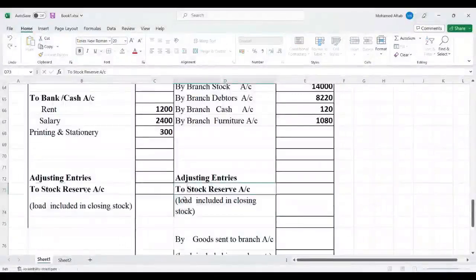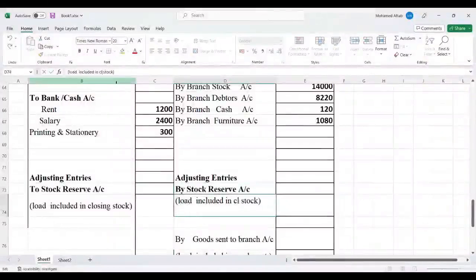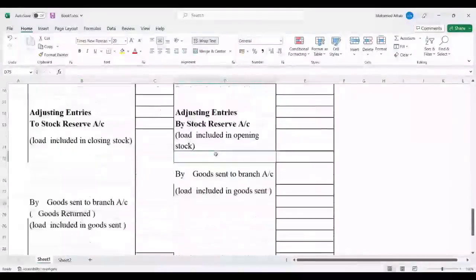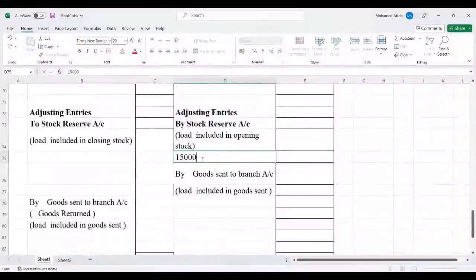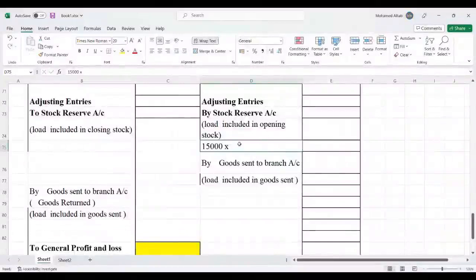So the stock reserve, that is the loading included in opening stock. What is the opening stock? 15,000. Now we can apply the formula: 15,000 into 20 by 120.